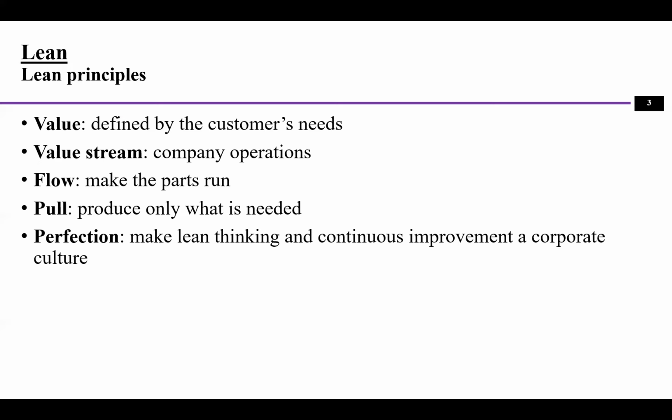Make the parts flow. Another concept is the pull system. Pull means that production activities are only triggered by the customer's need. That's a pull system. Pull is the opposite of push.